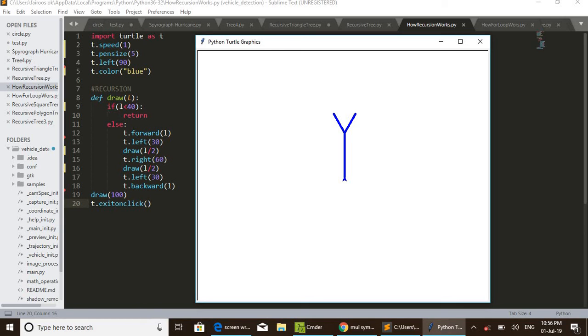Here we can see in the 9th line we are given a condition, L less than 40 or not, otherwise it will go into an infinite loop. So we are giving a condition. Here it is L less than 40, so when the L value becomes less than 40, the procedure returns back and continues. So that is how it is happening.